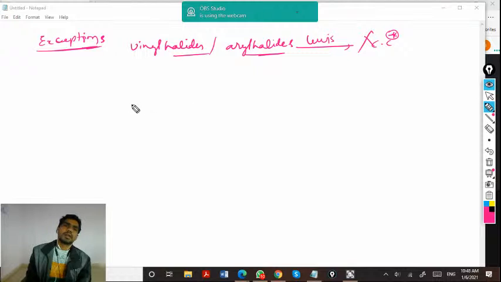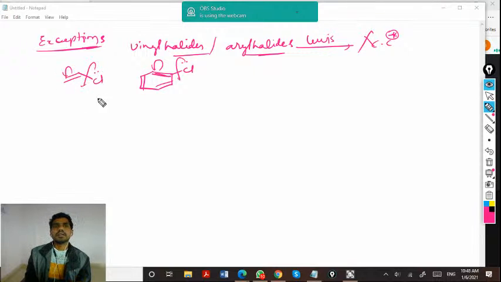They cannot give a carbocation. The reason is that vinyl chloride or aryl halides are in conjugation with the ring, so it will be difficult to break this carbon-halogen bond or carbon-chlorine bond, because it is almost a double bond in nature. Double bond nature will be there, so it will not break and will not release the carbocation.